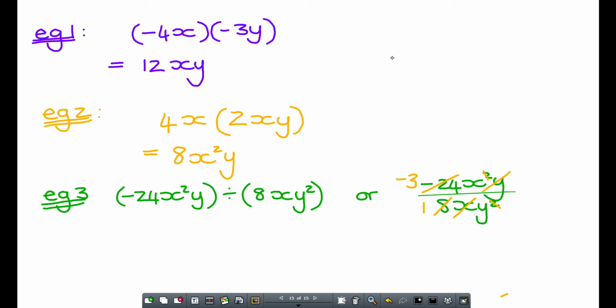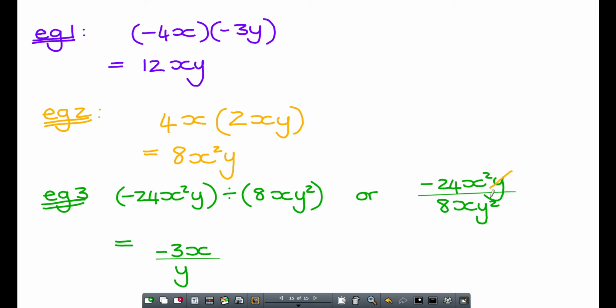Okay, now I just want to do this because it looks awful when it's scratched out like that. So this will be equal to minus 3x, and at the bottom, all we had left, actually it was 1y, but that's the same as just y. So what happens to the y's?